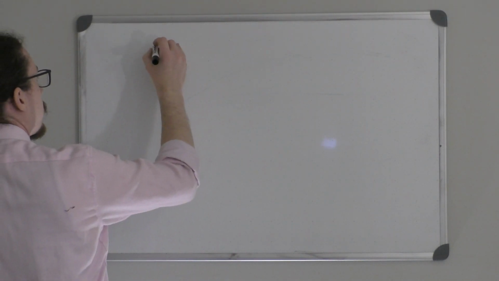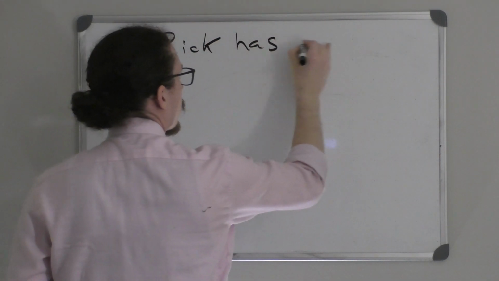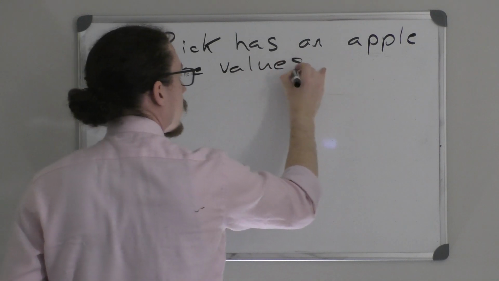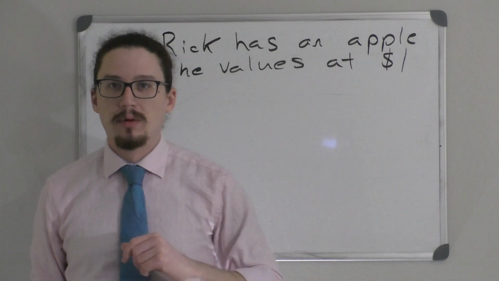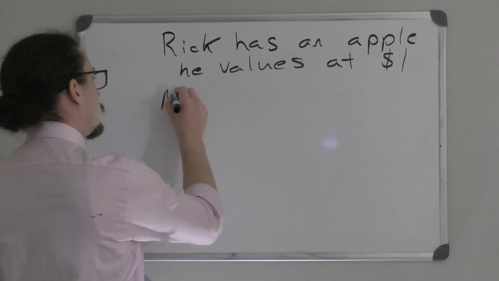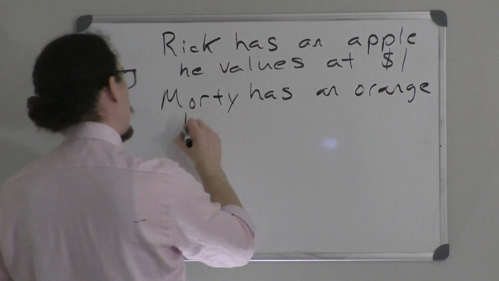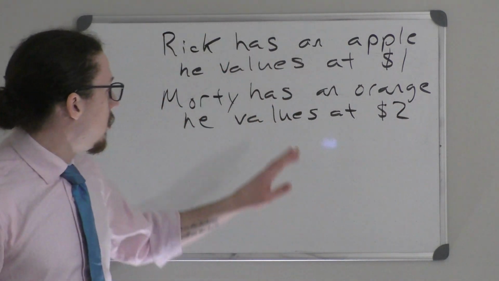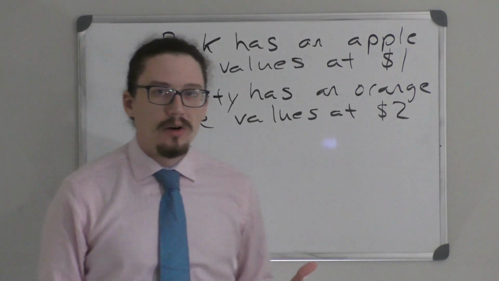So a quick illustration of this point. Rick has an apple that he values at $1, and Morty has an orange that he values at $2.